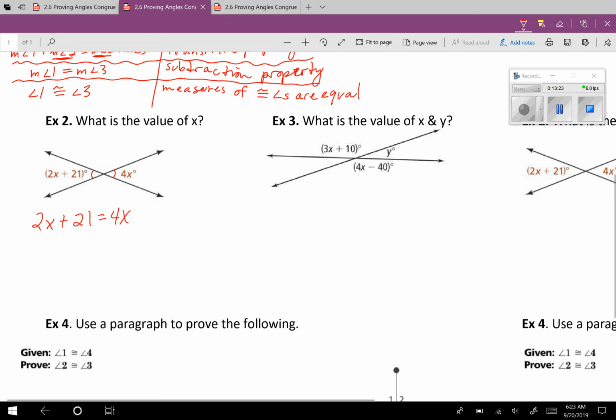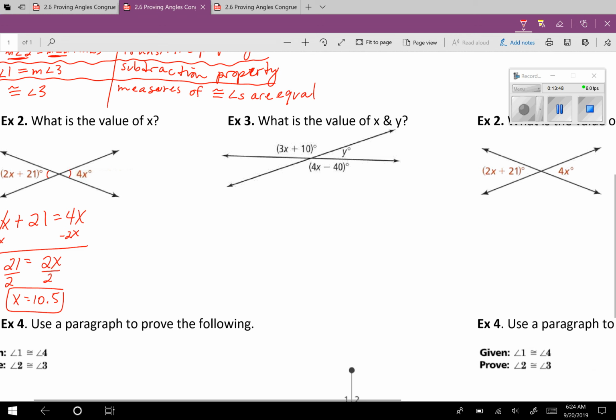The first thing we have to do is subtract 2x from each side, so I get 21 is equal to 2x, and then divide by 2. And so you get x is 10.5. So there we go, easy.